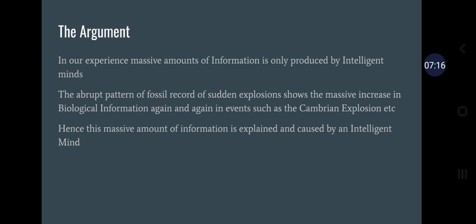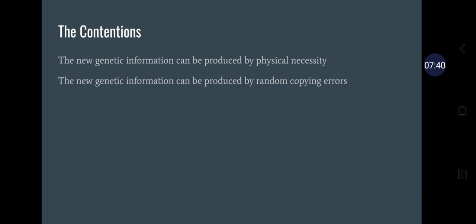One example is the Cambrian explosion, but there are dozens of examples of this. Because in our experience massive bursts of information are only produced by intelligent minds, hence this massive amount of information is explained and caused by an intelligent mind. So the argument is quite simple, quite powerful, right?